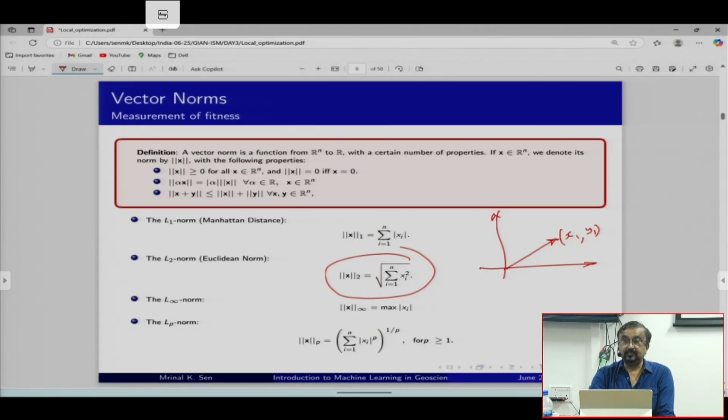What is the common procedure? Just to be consistent with notation, let me call this x1 and this x2. Okay. So I have this vector here. Let me call this vector x. So what is the length of this vector?